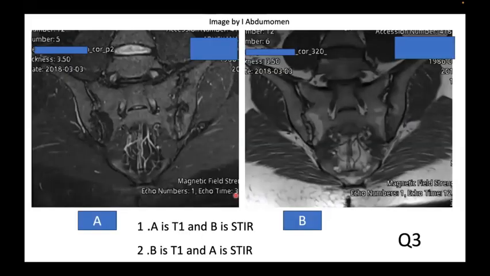So this is question 3. Which one is T1 and which one is STIR? There are two options.